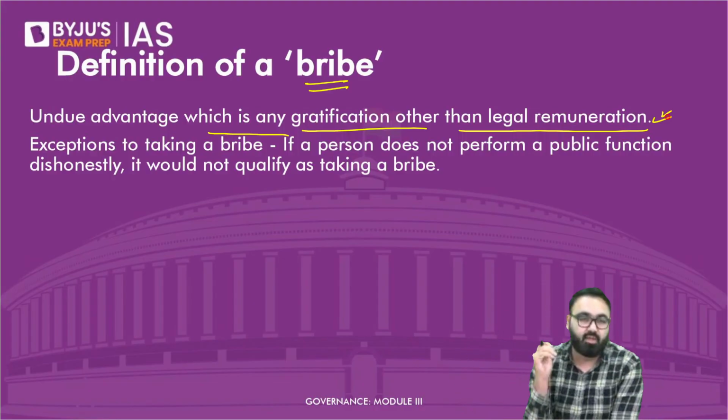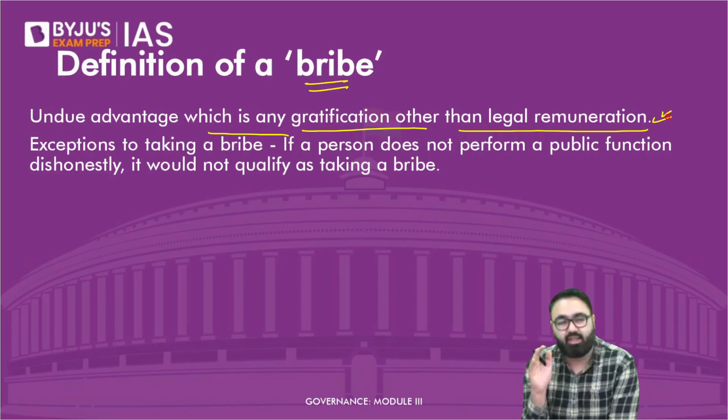But no, even an expensive gift to you, your wife, your husband, or your parents, or building a new house for you, any of these gratifications is a part of a bribe, because they are over and above the salary that you are supposed to get.